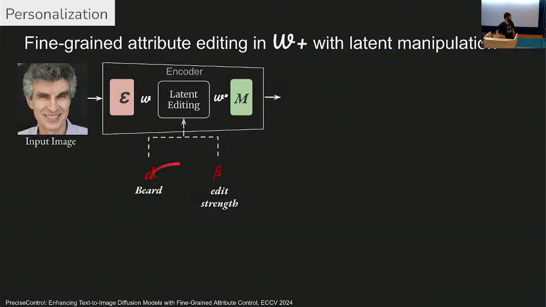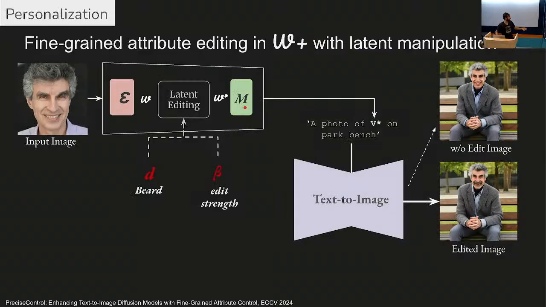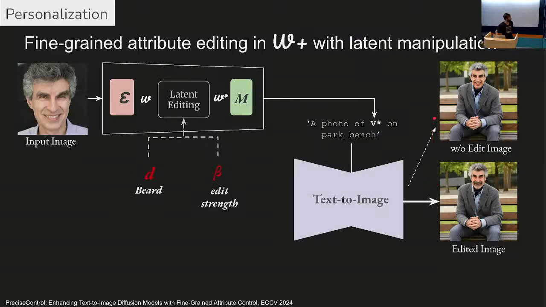You have a direction for beard already, and then you have a strength for beard, how much you want to add. You get an edited W. This is a W star. You pass it through that latent mapper that will give you an edited V star. When you pass the edited V star with the prompt, a photo of V star on the bench, you will generate something like this. If you don't edit the latent, you will generate something like this.